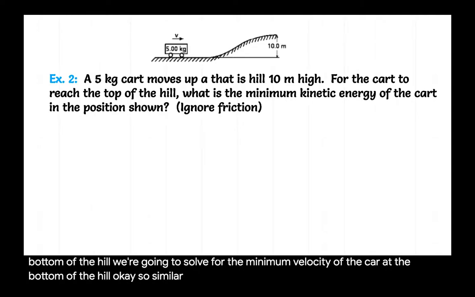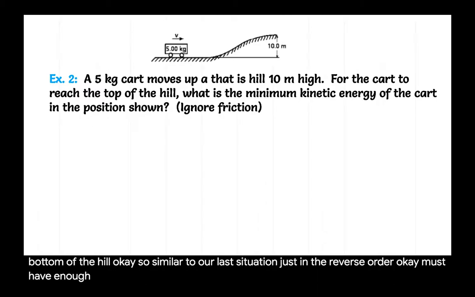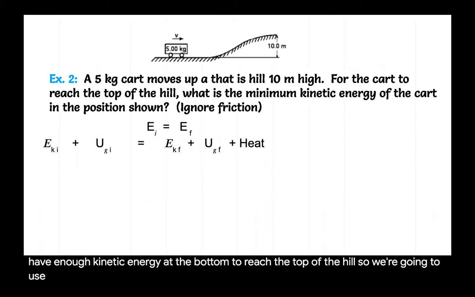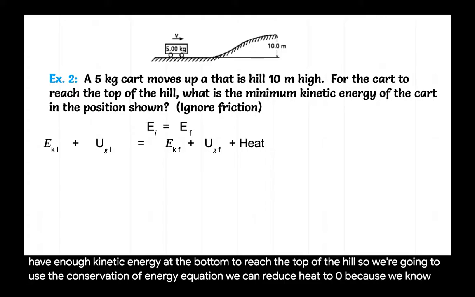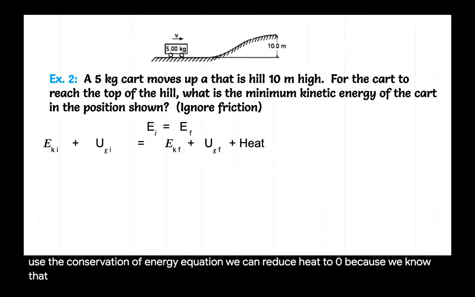Okay, so similar to our last situation, just in the reverse order. It must have enough kinetic energy at the bottom to reach the top of the hill. So we're going to use the conservation of energy equation. We can reduce heat to 0 because we know that there is no thermal energy.